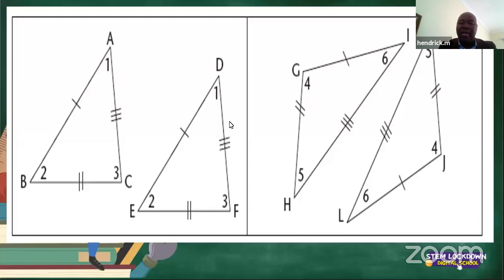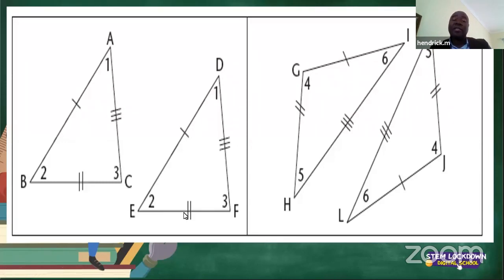So AB in the first triangle is equal to DE in the second triangle. In the same note, we also have the line BC. As you can see there, there's got two lines there. The line BC is equal to the line EF.